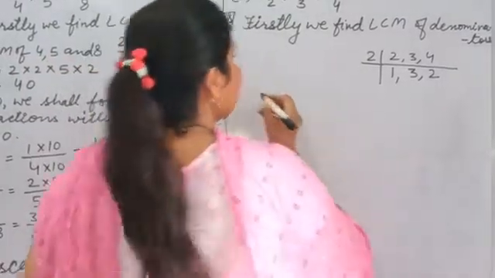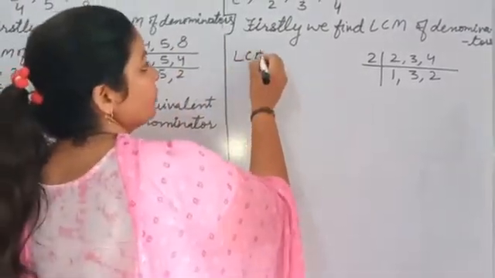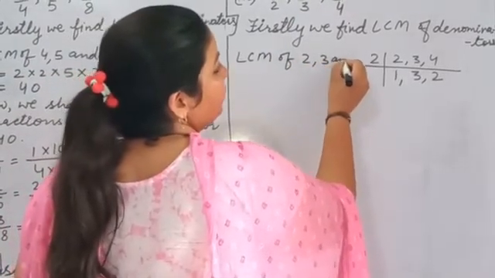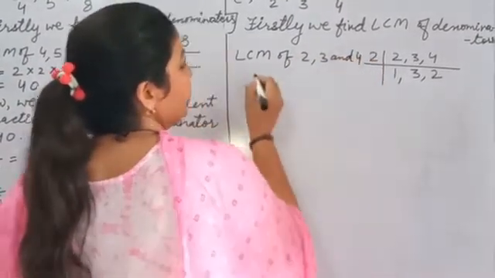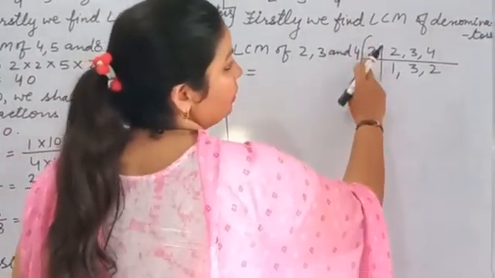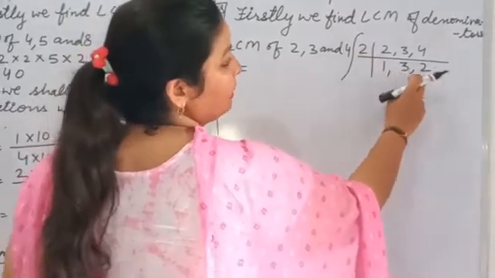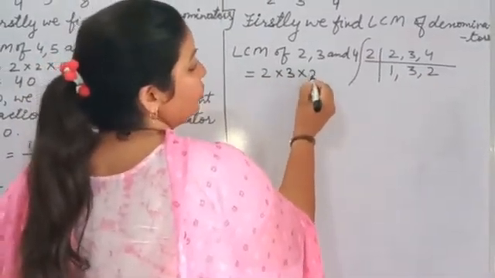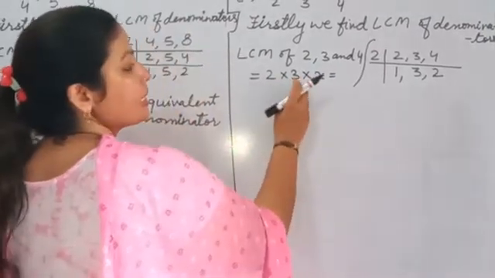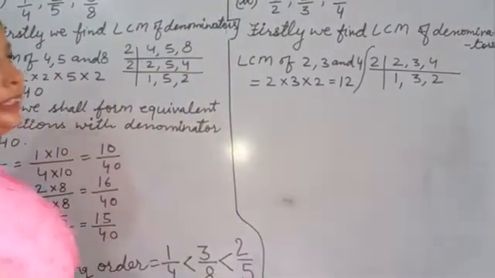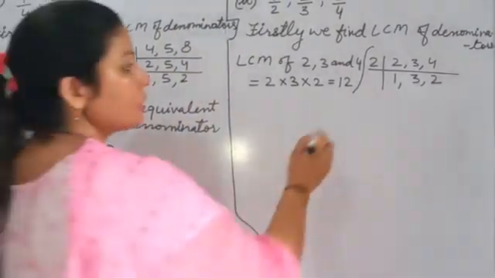Now we write here LCM of 2, 3 and 4 equals 2 multiplied by 2 multiplied by 3 multiplied by 2. Now 2 3s are 6 and 6 2s are 12. So your LCM is 12. That means we should make all the denominators 12.